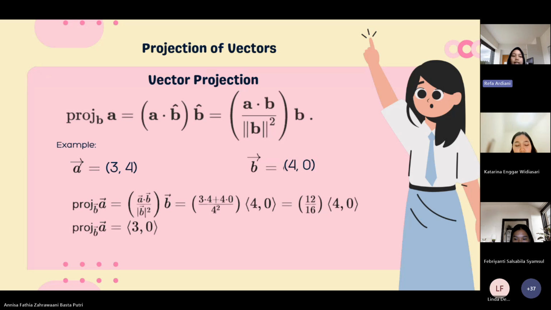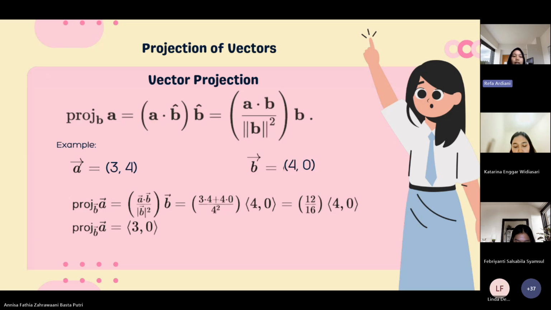So 12 plus 0 equals 12. So the dot product is 12. Next, we calculate the square of the magnitude of vector B. Since vector B is 4, 0, its magnitude is 4. Therefore, the magnitude squared is 16.